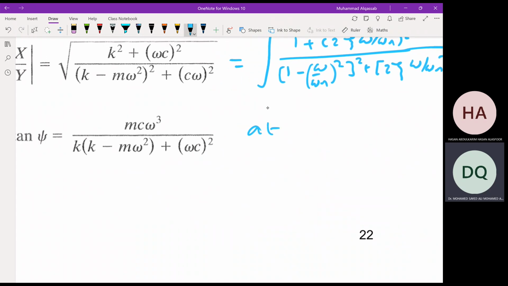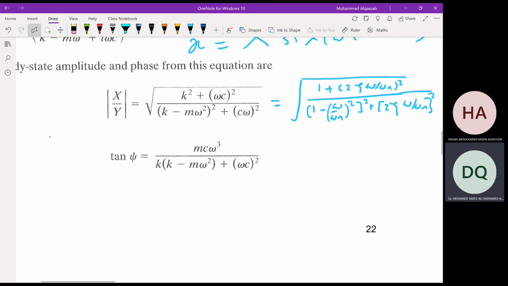Because at resonance this term will be 0, but we will have m c omega to the power 3 divided by (omega c) squared. So there will be c here, or zeta, in the equation at resonance. This will not necessarily equal 90 degrees.